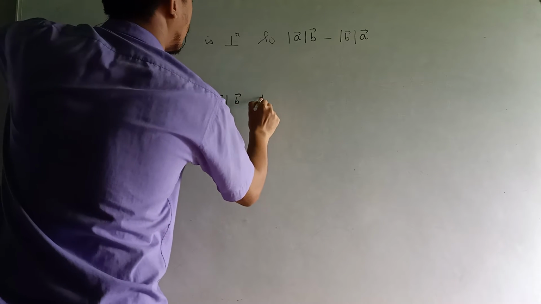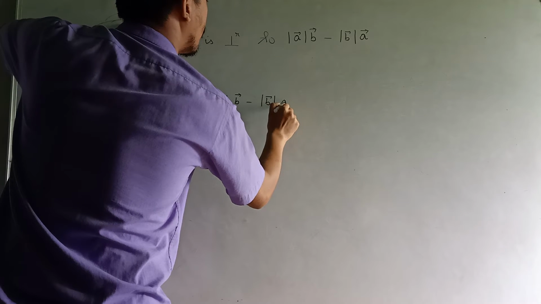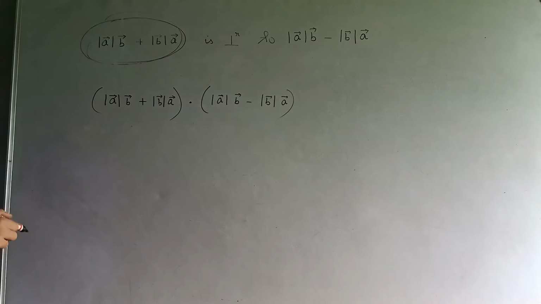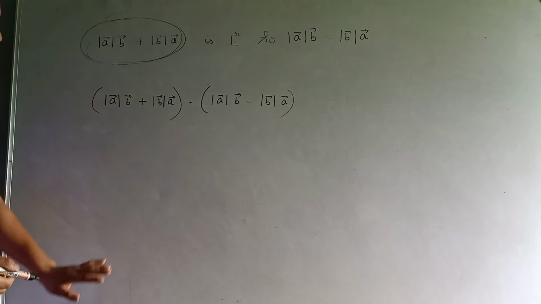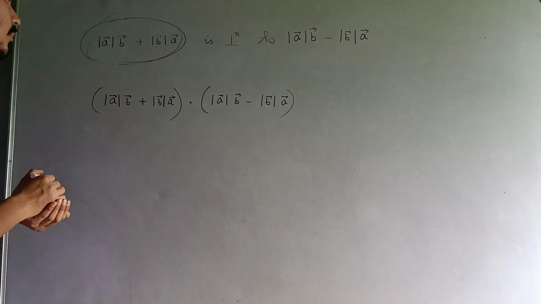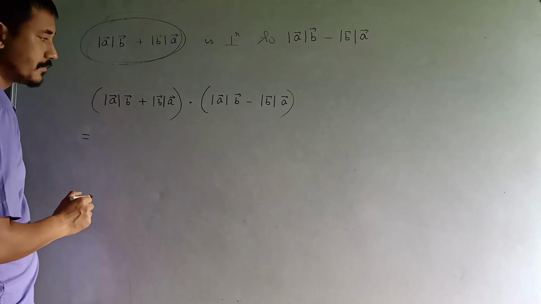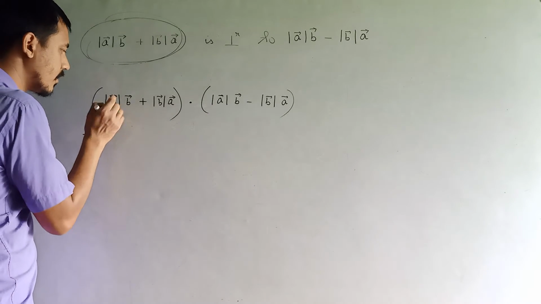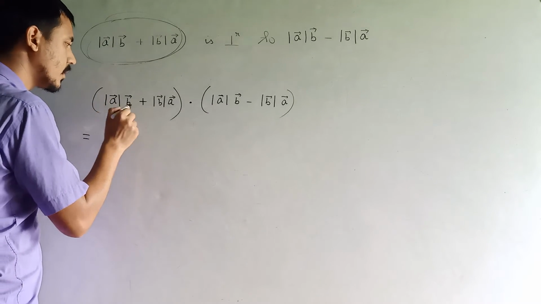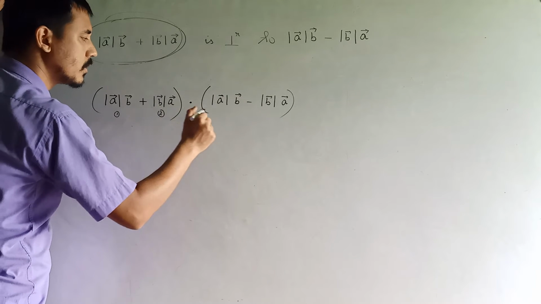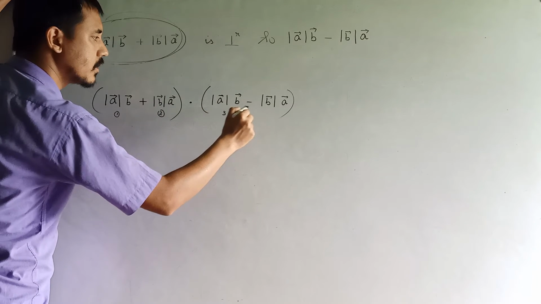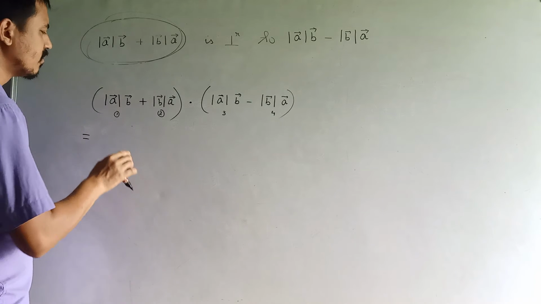If we can prove that their dot product is 0, then they are perpendicular to each other. Let us multiply. This is 1, this is 2, this is 3, so this is 4.